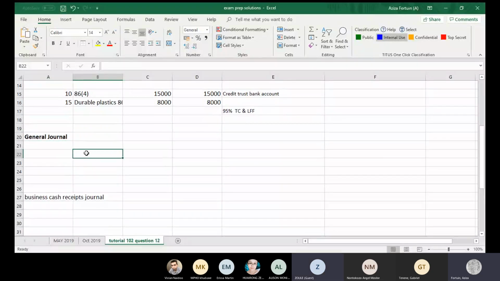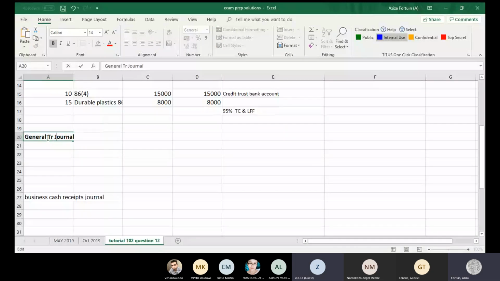Okay, so what's going to happen in my general trust journal now? What are we going to put in there?